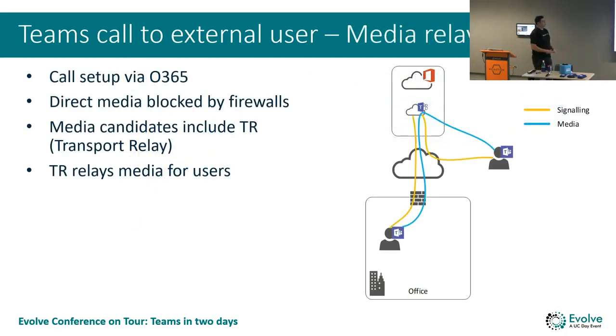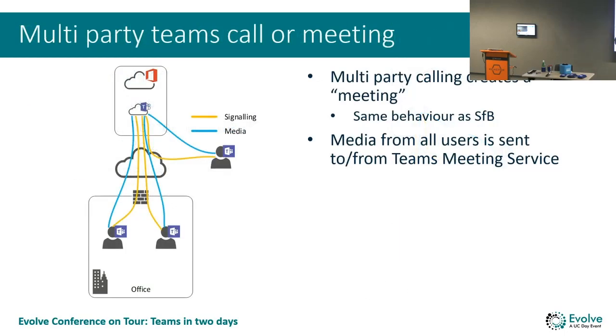If we can't negotiate media direct, we will use transport relays to relay that media for us, and we've got a slide a little later that talks about that. So our user sends media up to a transport relay, this user sends media to a transport relay, and you either negotiate that you're talking to the same transport relay and it just diverts the traffic, or transport relay to transport relay will happen in the middle there. So you talk up and across. I feel like a flight attendant.